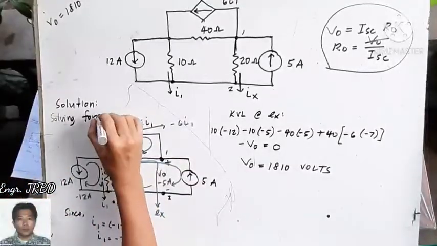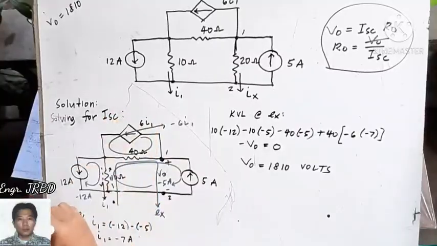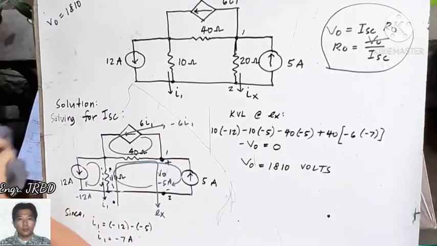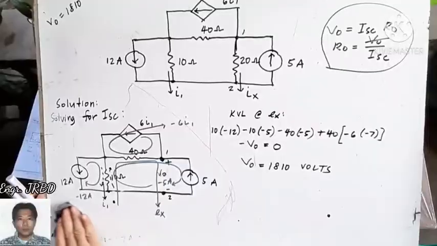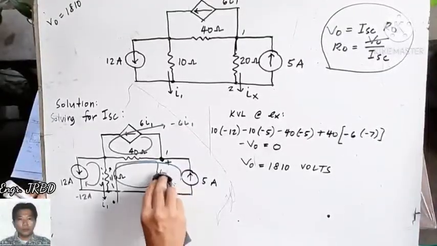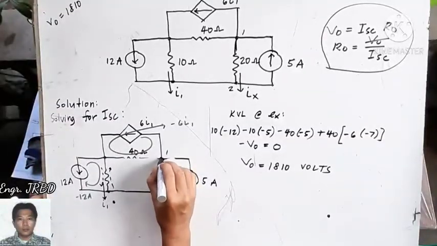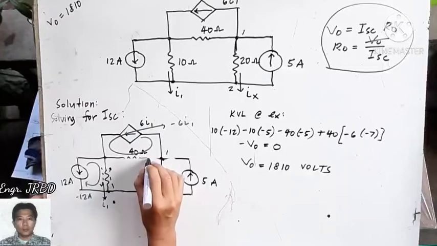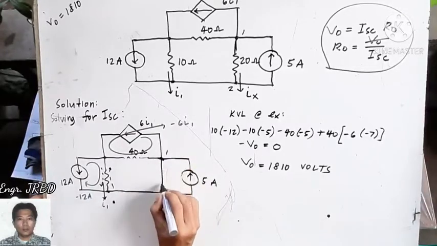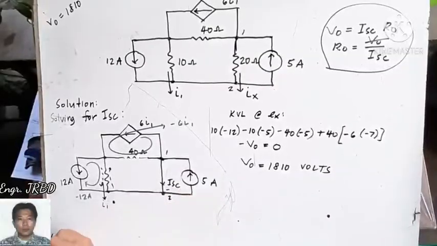Okay, let's try to find now the short circuit current. Let us clear this up. Short circuit this one and obtain what is this, I short circuit.